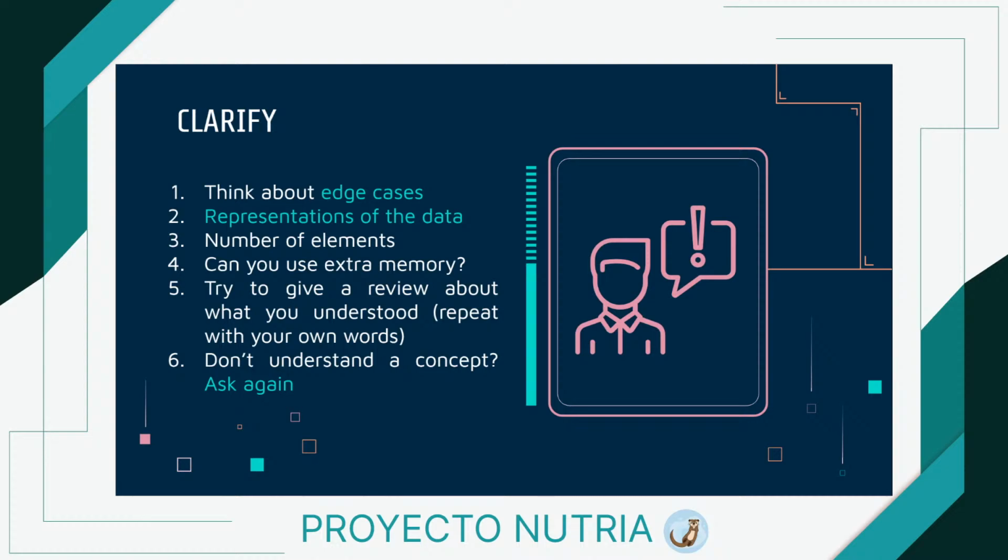The fifth point: try to give a review of what you understood and repeat it in your own words. Okay, cool. So now you have all the information that we already mentioned before, but you need to be sure that what you understood was the main part your interviewer wanted you to solve, right?